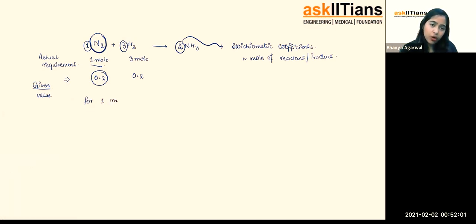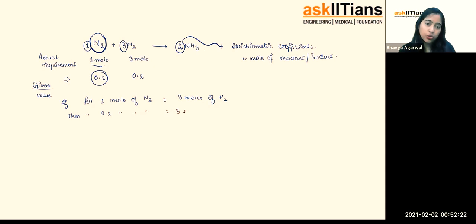For 1 mole of nitrogen I need 3 moles of hydrogen, then for 0.2 mole of nitrogen, using the unitary method, I need 3 into 0.2, which means 0.6 moles of hydrogen.